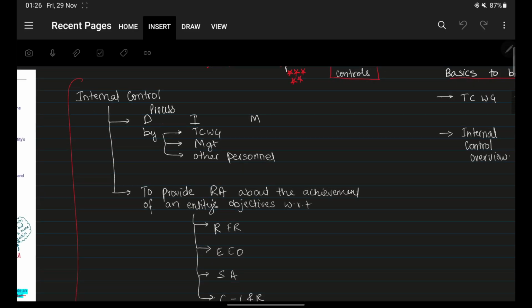Internal control is the process that is designed, implemented, and maintained by those charged with governance, management, and other personnel. Why? To provide reasonable assurance about the achievement of an entity's objectives with regard to reliability of financial reporting, effectiveness and efficiency of operations, safeguarding of assets, and lastly, compliance with law and regulation. Right? Fairly simple.